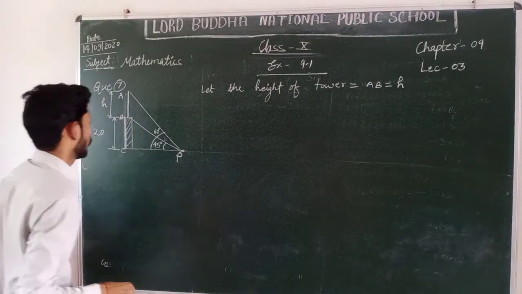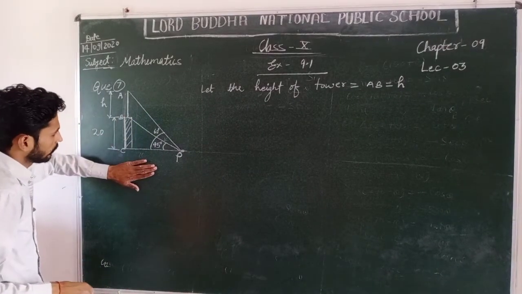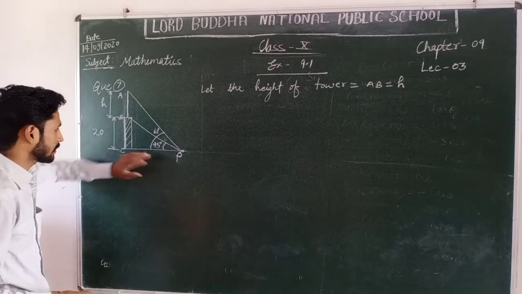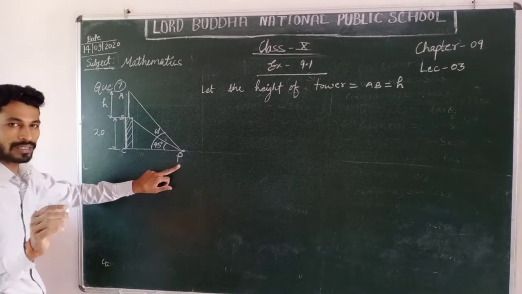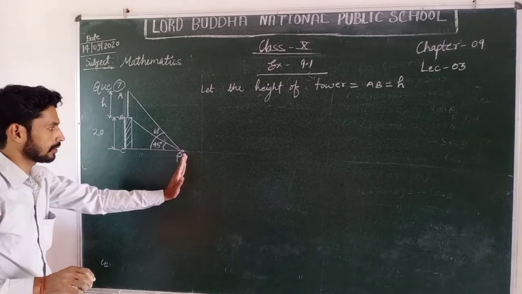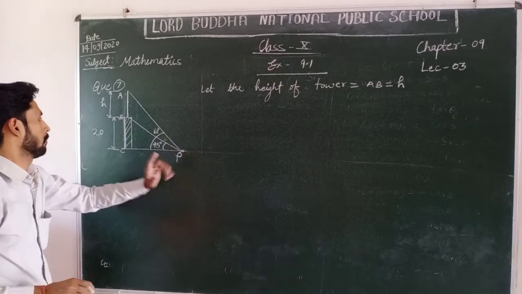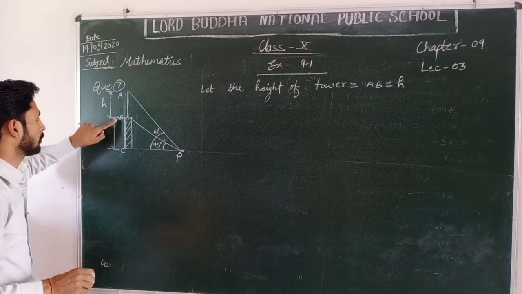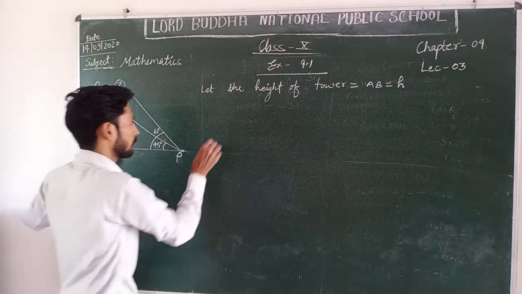We don't know the value of the base, that is CP, the distance between the bottom of the building and the point, but we know that the height of the building BC is 20 meters.